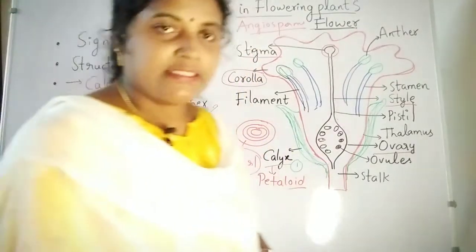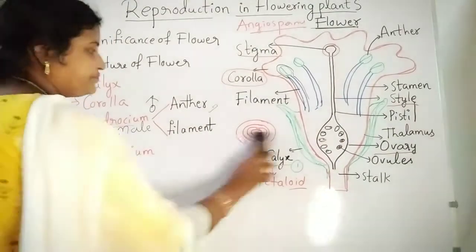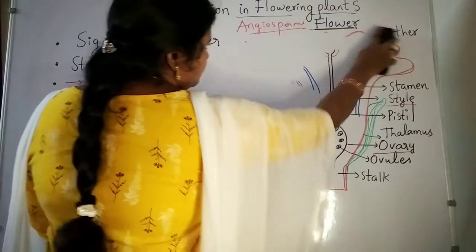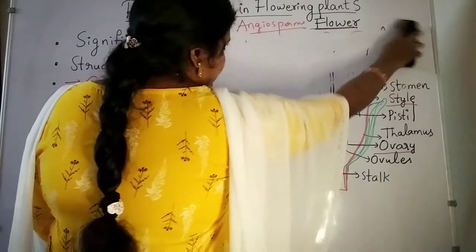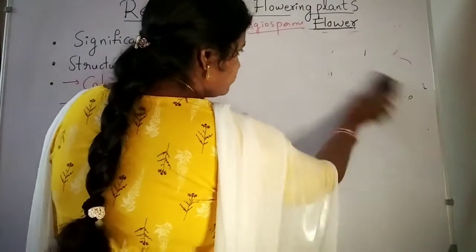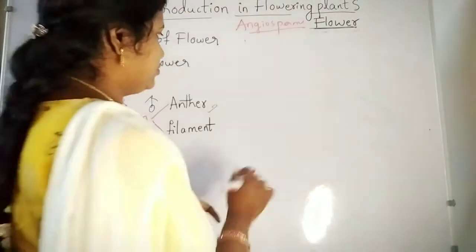After that, we'll see the structure of the anther. We have many important points here, and it is also asked as an important question. The anther is normally a four-lobed structure.